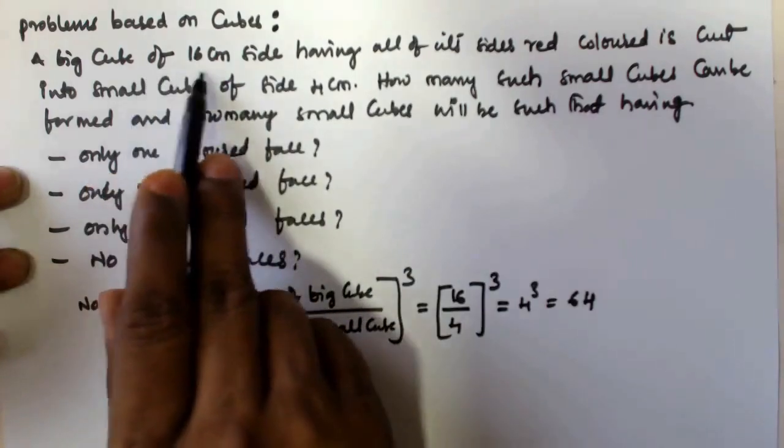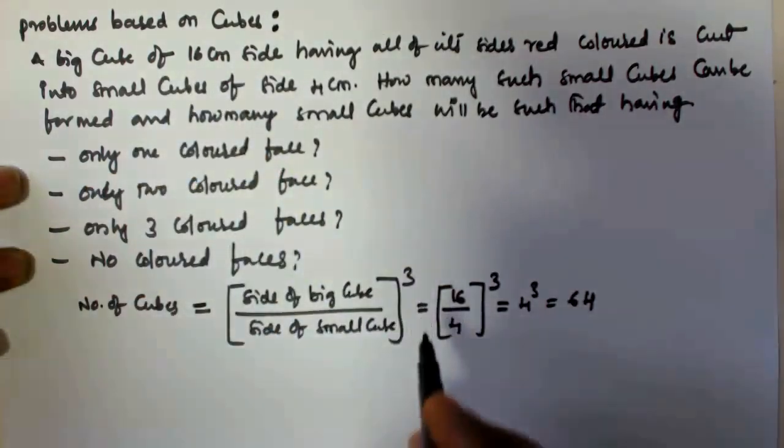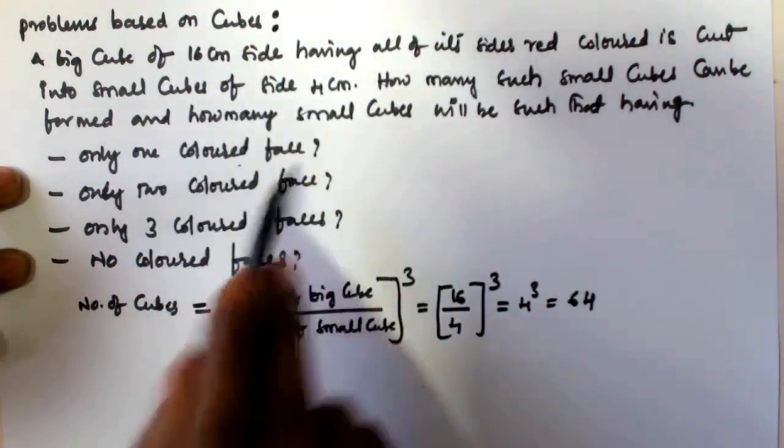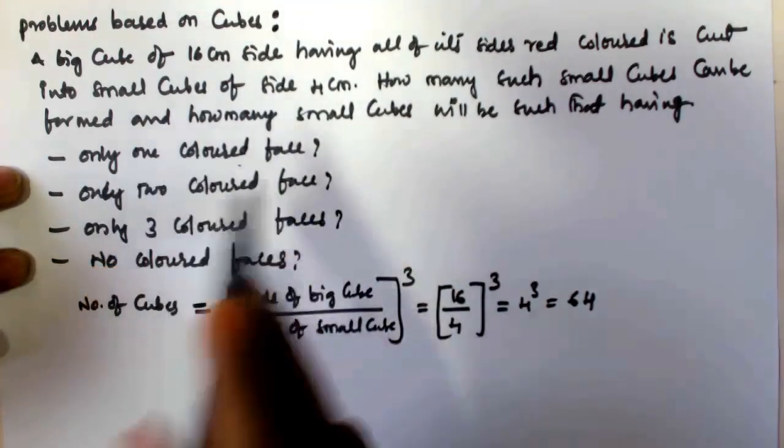Out of this big cube of side 16 centimeters, now we have to find the only one colored face cubes.